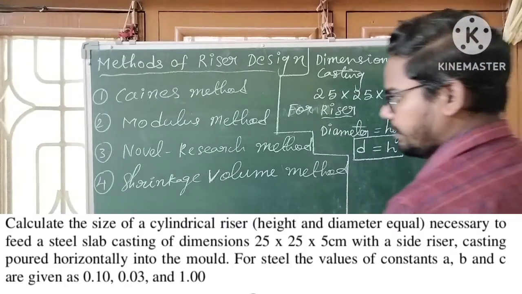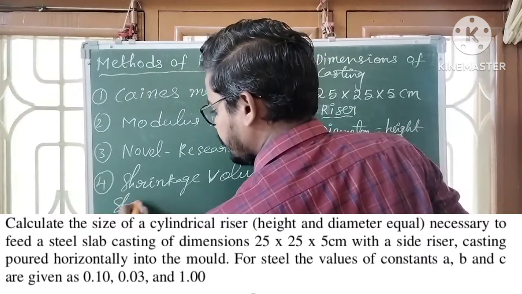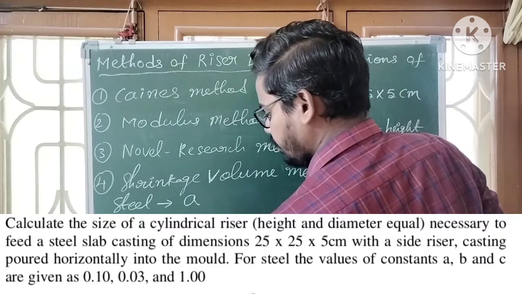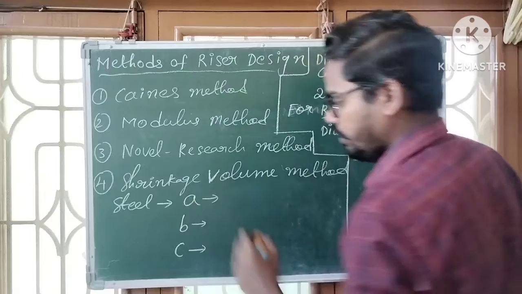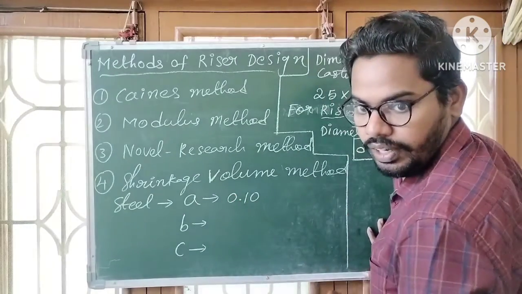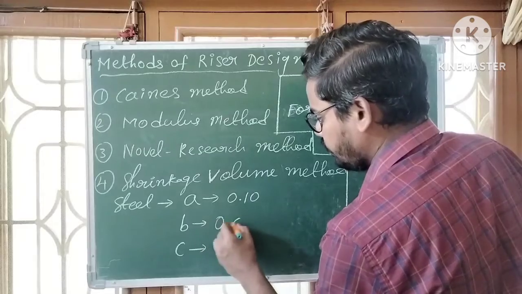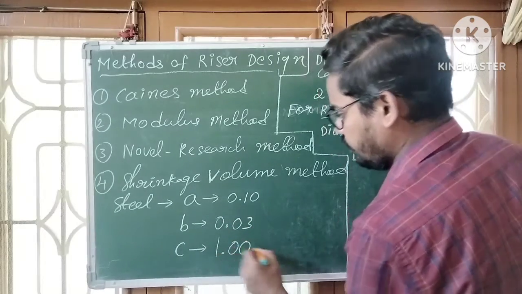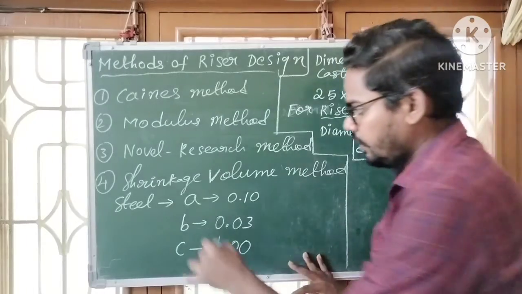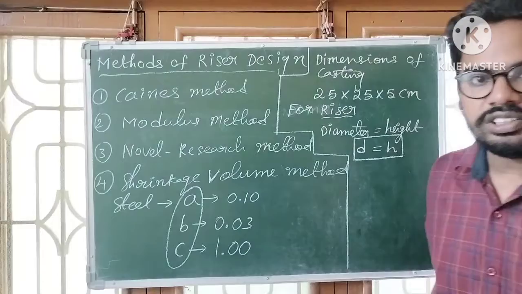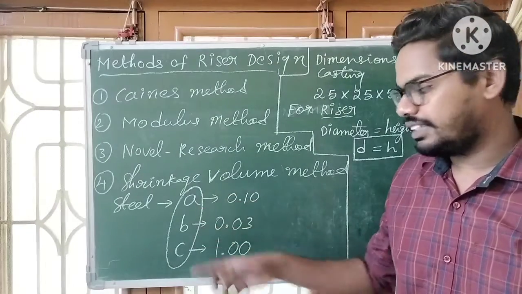Here the material is steel. For steel he has given the constants A, B, C. The A value is 0.10, B value is 0.03 and C is 1.00. These A, B, C are constants that we observe in the Keynes method formula. So where do we find A, B, C?